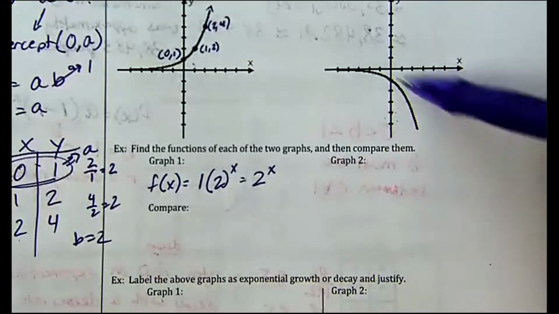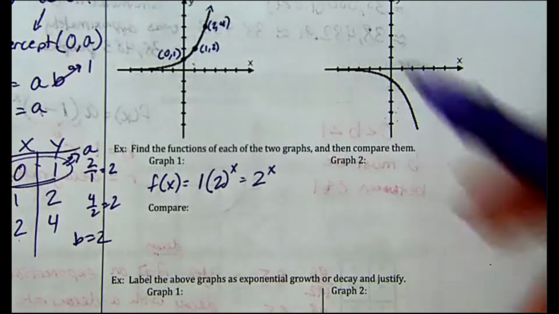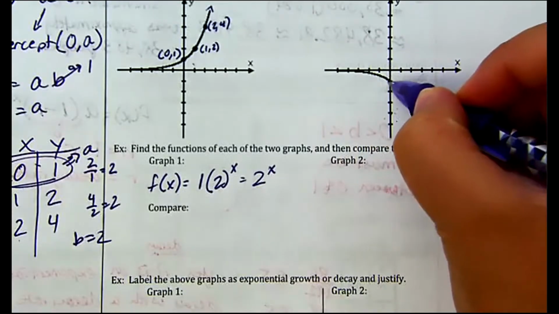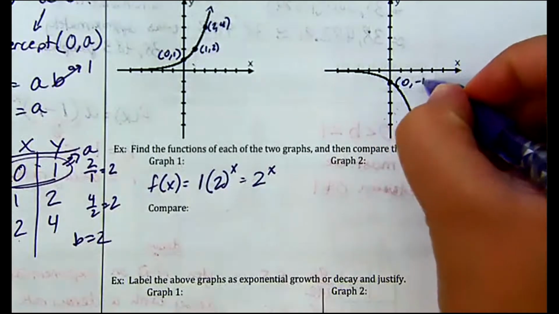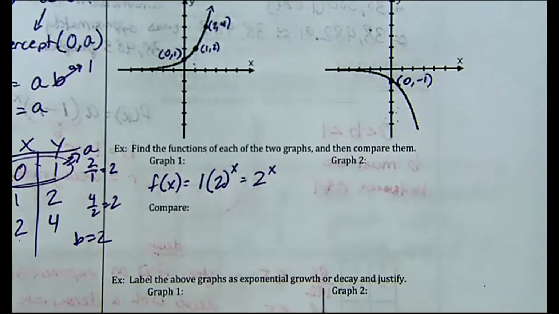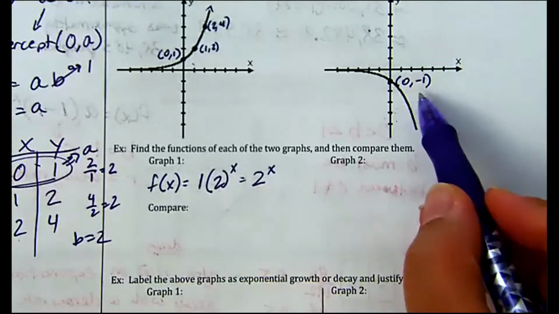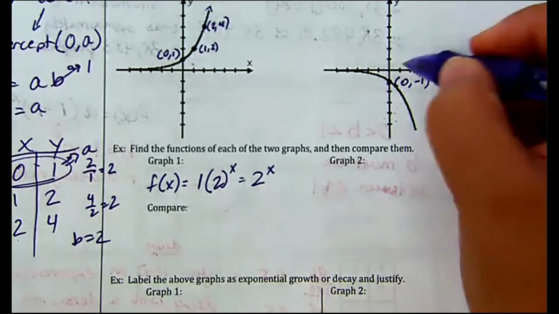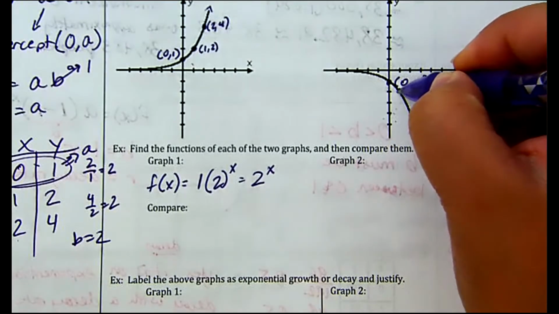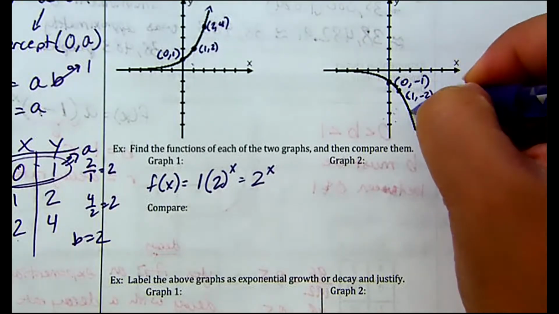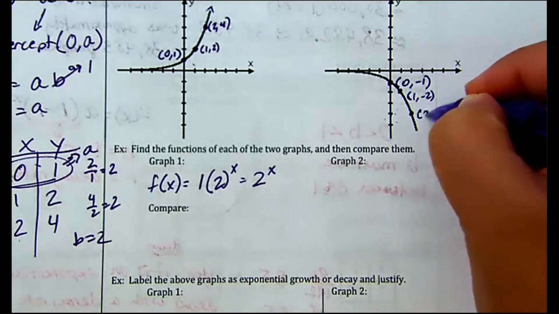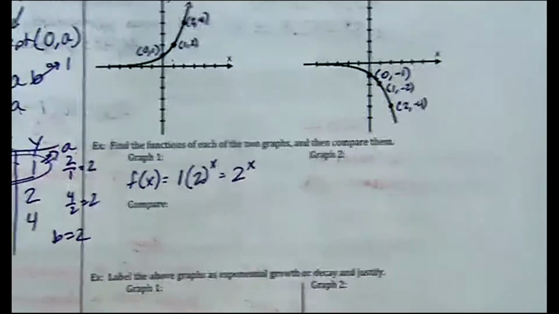So we have that reflection. And we can see here now our y-intercept is at (0, -1). Right? Already we have that negative playing in there. If I go to 1, this will be (1, -2). At 2, this will be (2, -4), okay?